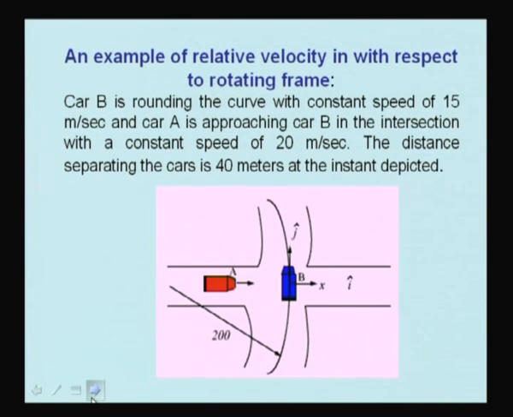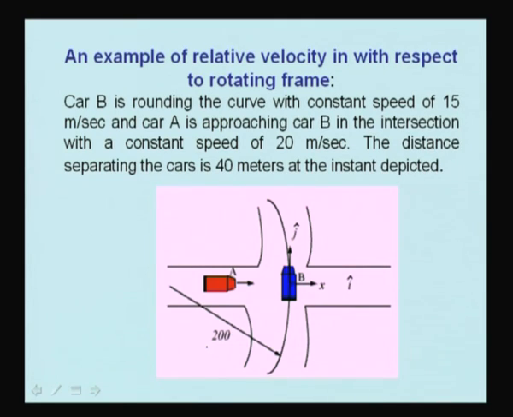The red car A is moving in a straight line and it is approaching B. So, car B is rounding the curve with a constant speed of 15 meters per second and car A is approaching car B in the intersection with a constant speed of 20 meters per second.